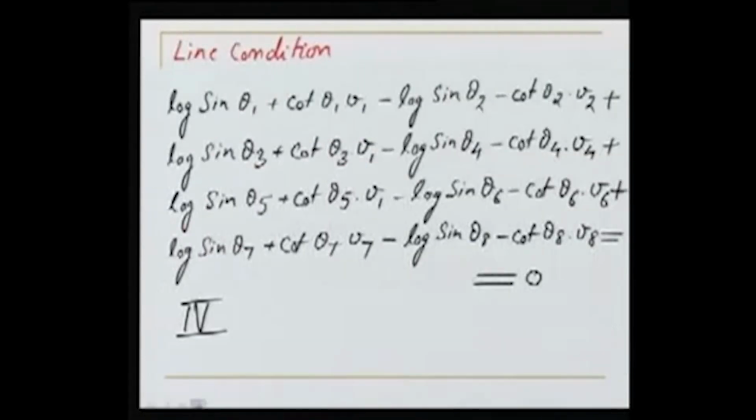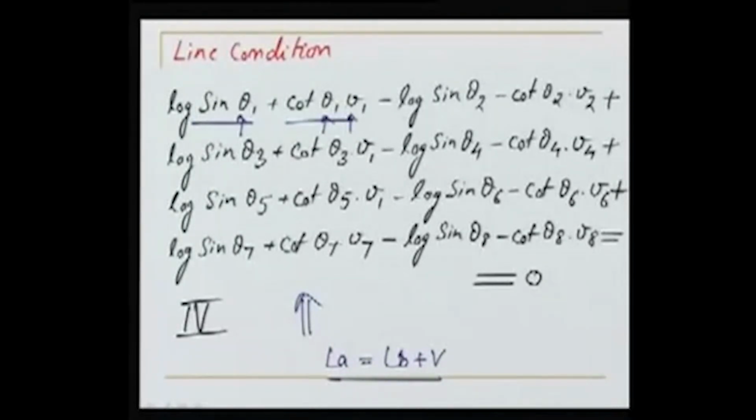The side equation takes the form, as I have written over here: the various terms are log sine theta 1, where theta 1 is the observation, plus cot theta 1 V1. We are not getting into how we arrived at that, but once we replace the adjusted observation with the actual observation in the field plus the residual, the side equation reduces to this.